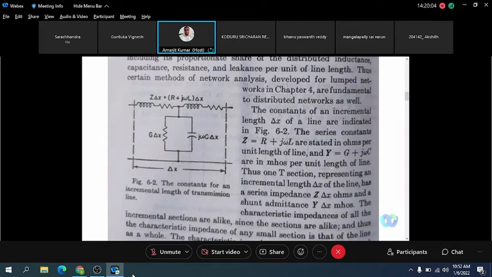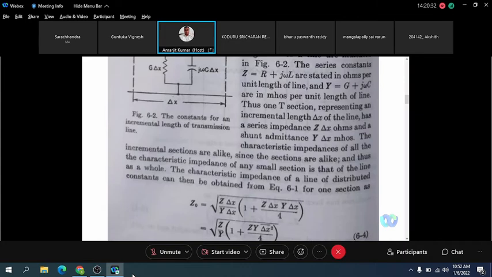So basically Y is equal to G plus j omega C, where C is the capacitance and G is the conductance or leakage, in mhos per unit length. So what will be Y into delta x? Y into delta x will be the total shunt admittance, that is G plus j omega C into delta x.